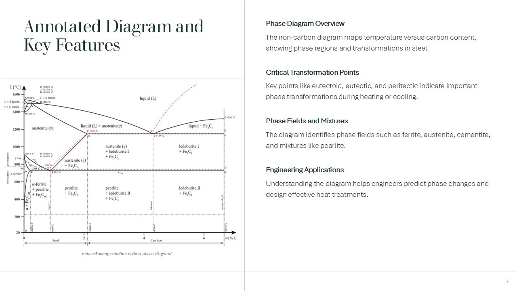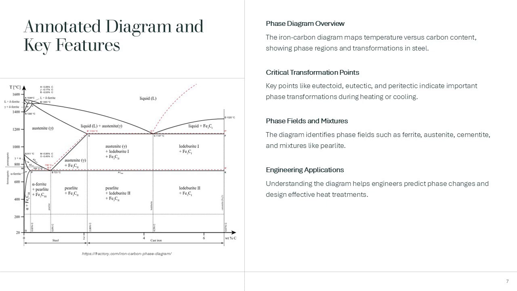Key features include the liquidus and solidus lines, which define melting and solidification boundaries, and critical points such as eutectoid, 0.76% carbon at 727 degrees Celsius, eutectic, 4.3% carbon at 1147 degrees Celsius, and peritectic, 0.16% carbon at 1493 degrees Celsius.